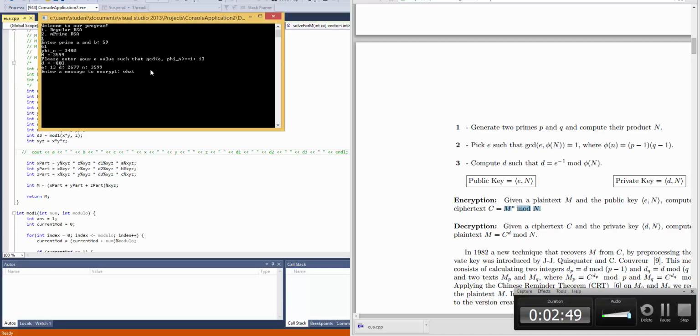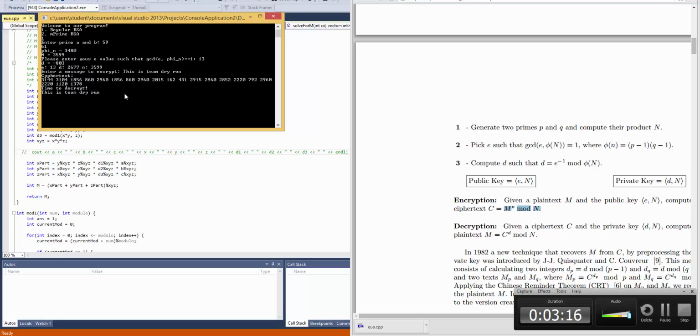So when we enter a message that we want to encrypt, it gives you back the message, and that's our old RSA. So Jacob is going to present the improved algorithm.